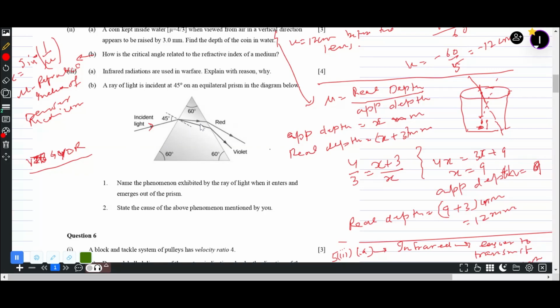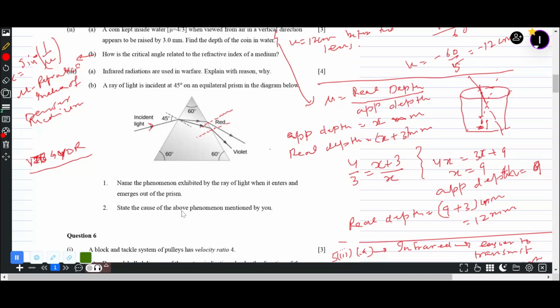That's why red has the minimum deviation from the normal, while violet has the maximum deviation. Similarly, when they go out into the rarer medium from the prism, they again go through more and less deviation. Here the deviation is less, here the deviation is more. So this phenomenon is called dispersion of light.